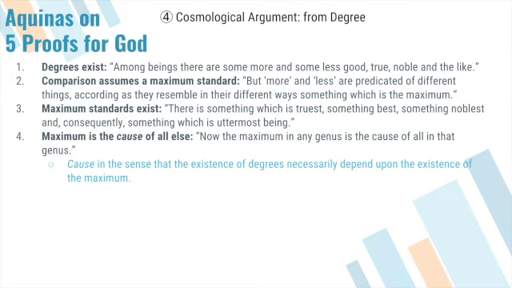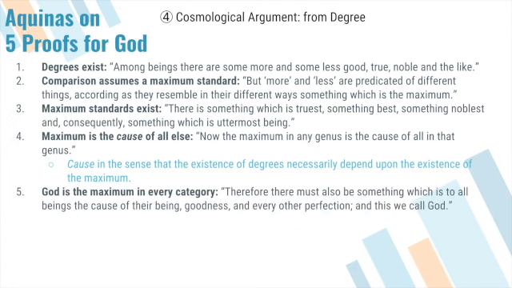So the analysis of degrees depends upon some conception of a maximum, right? So number 5, God is the maximum in every category. Therefore, there must also be something which is to all beings the cause of their being, goodness, and every other perfection. And this we call God, right? So perfection. In every type of way, there has to be perfection. And these are all constituted in the character of God.